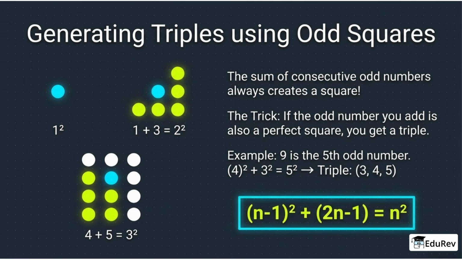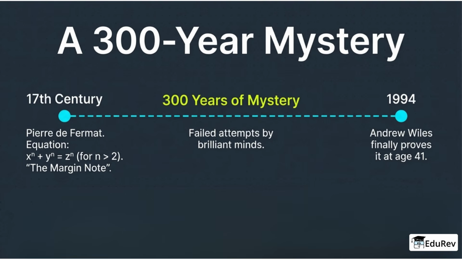This beautiful relationship involving squares fascinated mathematicians for centuries, eventually leading to one of the most famous challenges in history. In the 17th century, a mathematician named Pierre de Fermat pondered this exact concept. He wondered, we know this relationship works for squares, but what about cubes? Like a cubed plus b cubed equals c cubed.